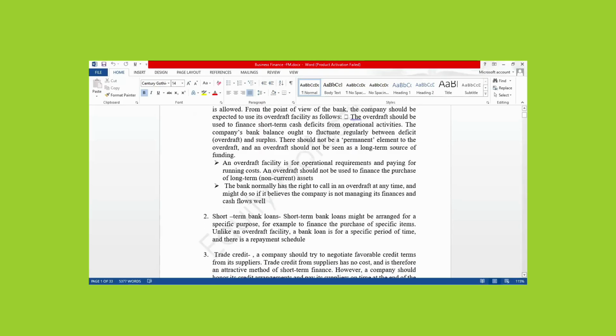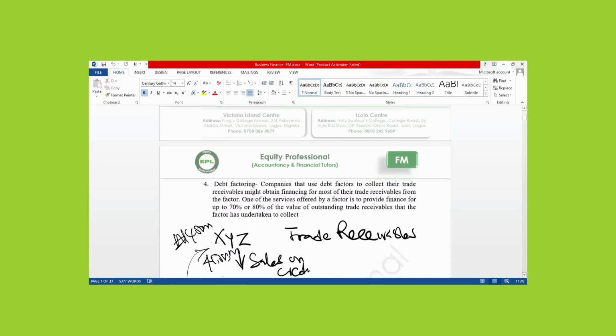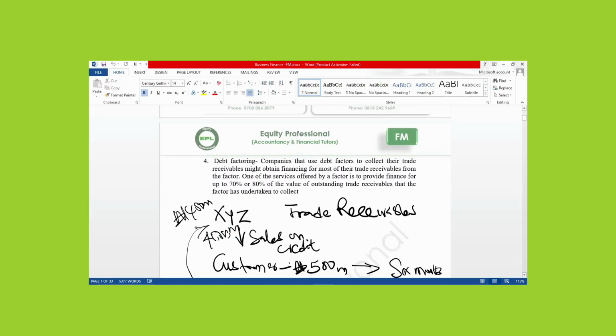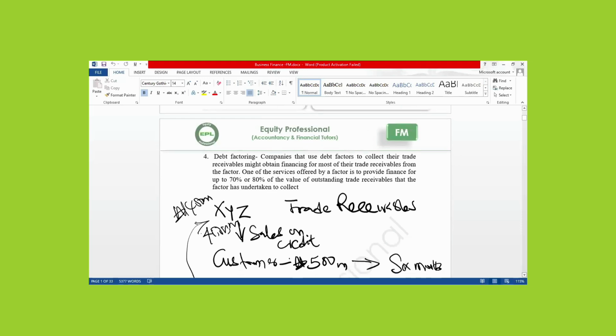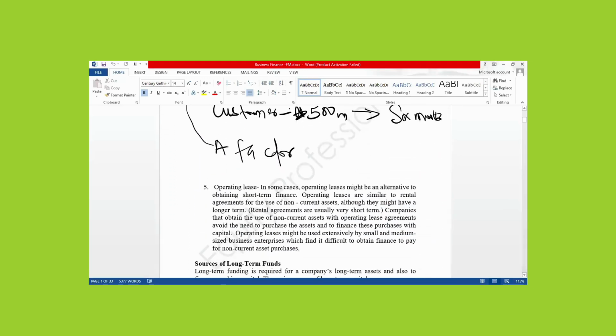We discussed trade credit. We discussed debt factoring and operating lease. These are classified as short-term sources of finance.